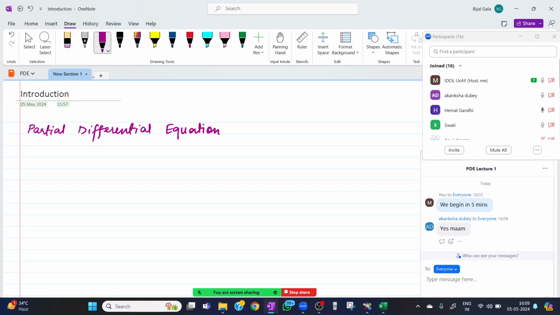In a partial differential equation, we need to change the behavior of the particular function with respect to one or two variables as compared to all the variables, like all dependent variables. Okay, so the difference between ODE and PDE over here is that you will have multiple independent variables.